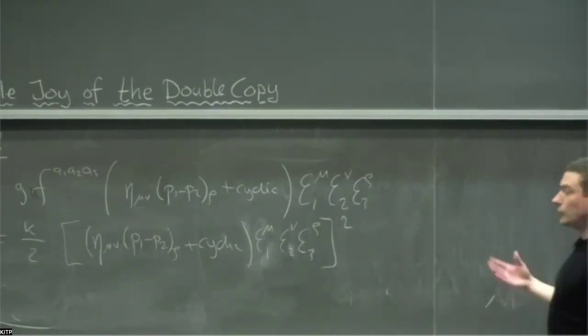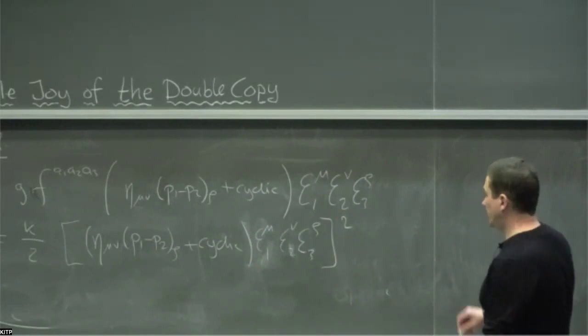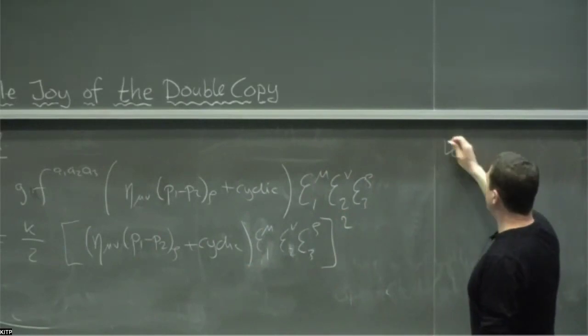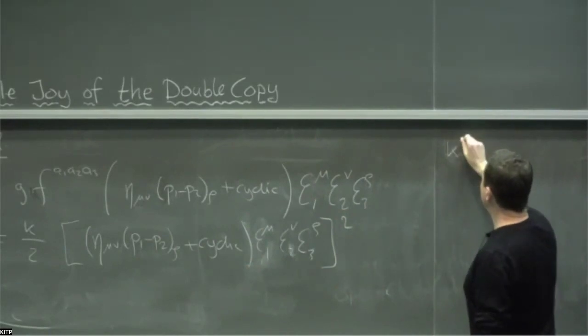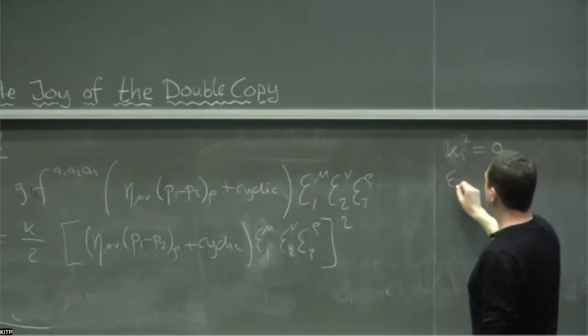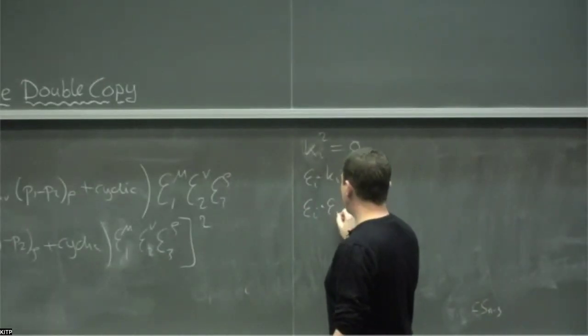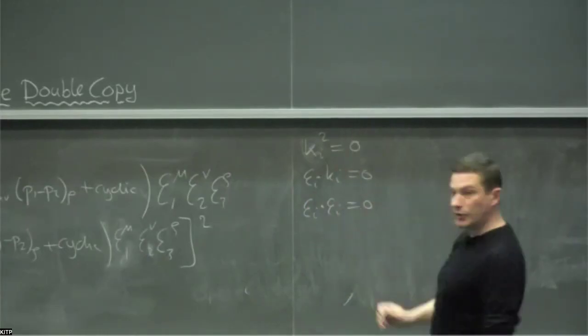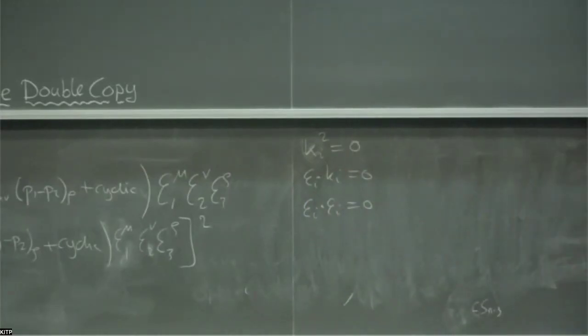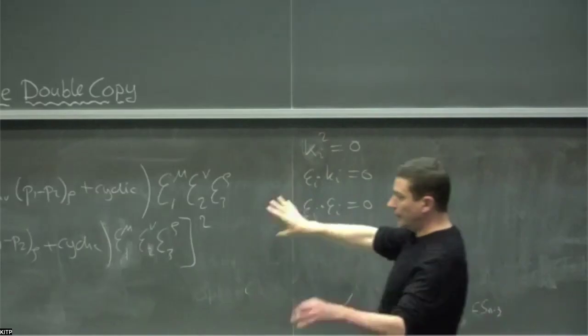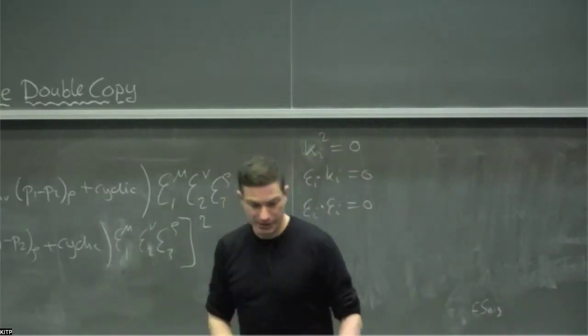As soon as you use the on-shell conditions, which are basically that the momentum squared is 0, polarization dot momentum is 0, and also that the polarizations themselves are null vectors, then if you impose these 3 conditions and momentum conservation, this 170-term expression collapses to this.